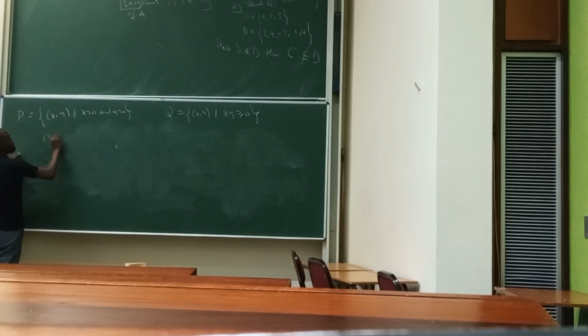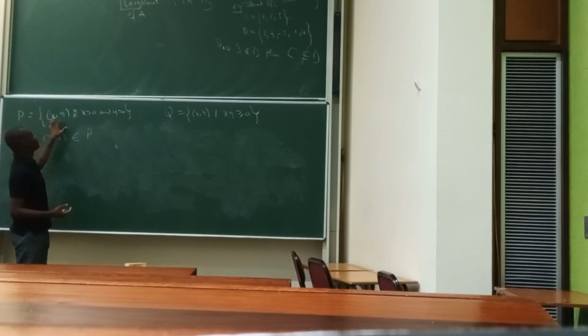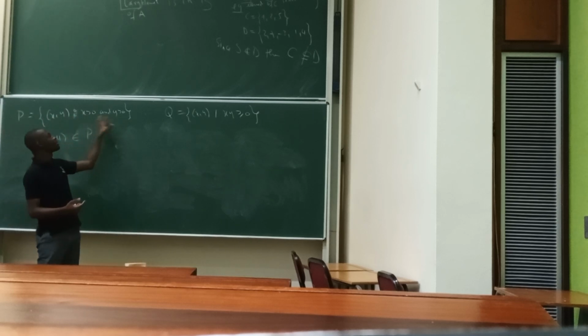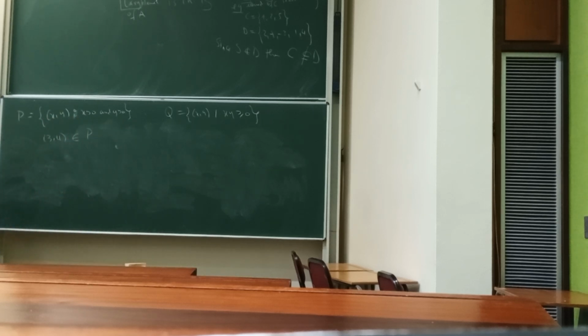So 3, 4 is an element of P. The way the set has been characterized, you try to see how it is characterized and then give what the element looks like. So here it is a tuple. 3, 4. Why? Because it's a set of tuples where x and y are positive. So minus 1, 1 is not an element.